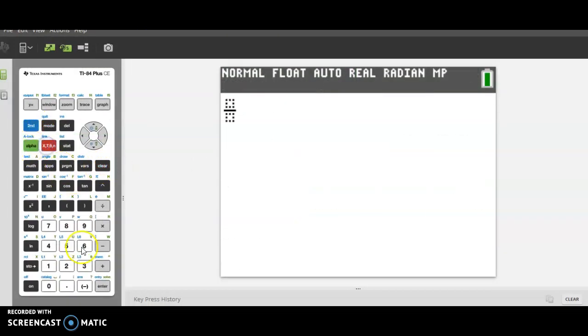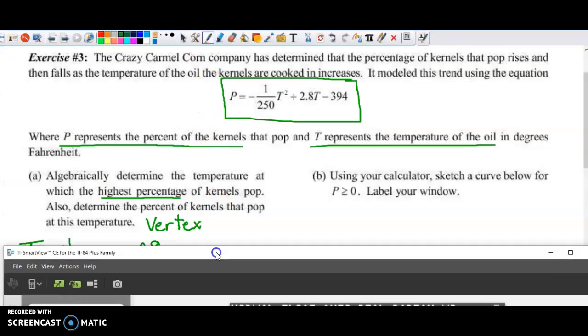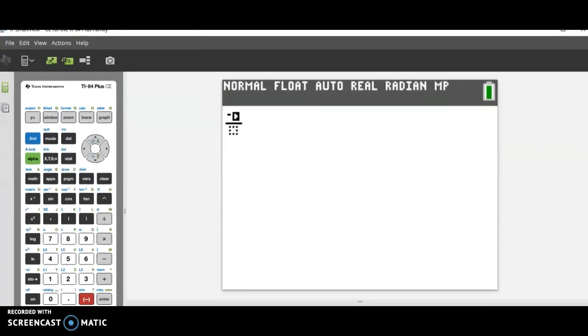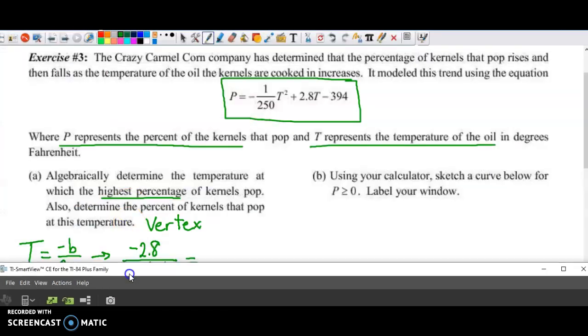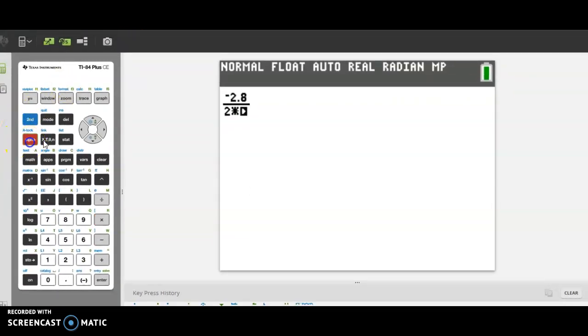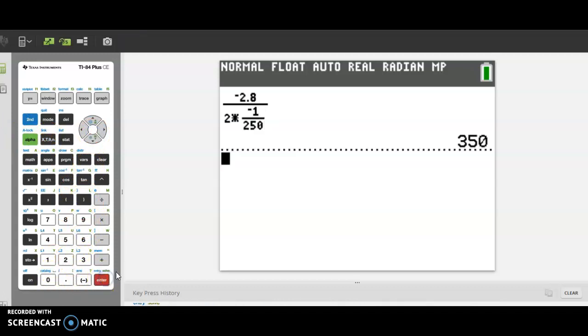So alpha x, I already forgot what the number was, negative 2.8, and then double times the a value is another fraction, so another alpha x, negative 1/250. And this calculator will spit out what the correct answer is.